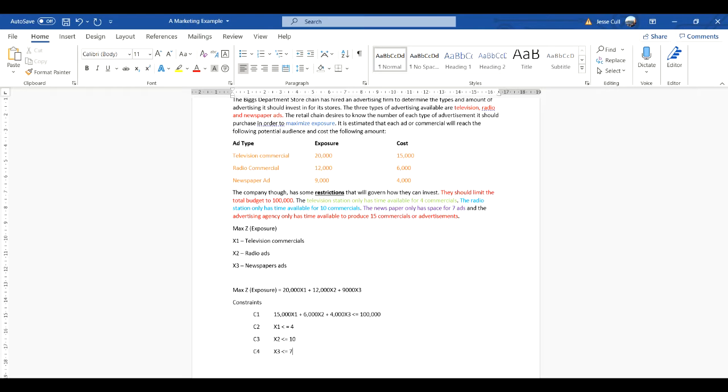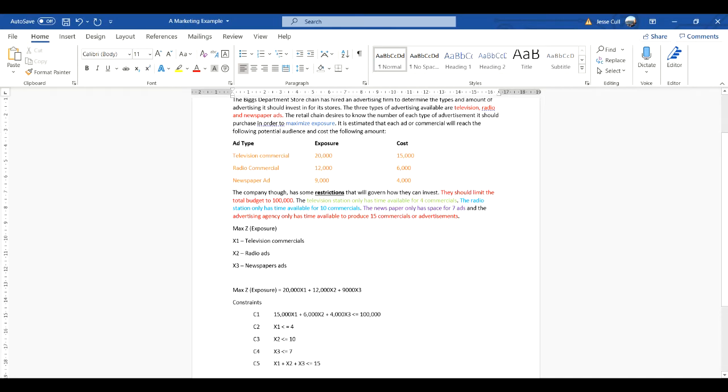And the final constraint, C5, shows that X1, which is the total number of television, plus X2, the total number of radio, plus X3, the total number of newspapers, must be less than or equal to 15.